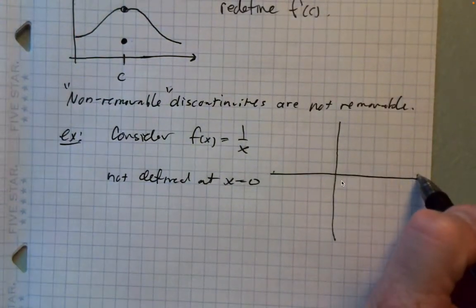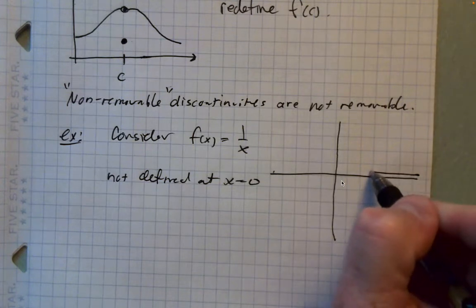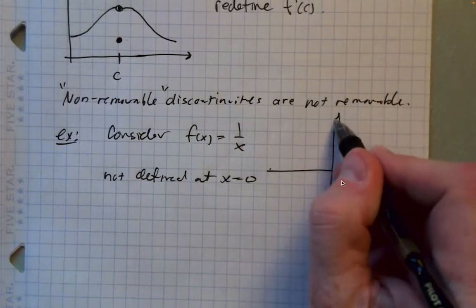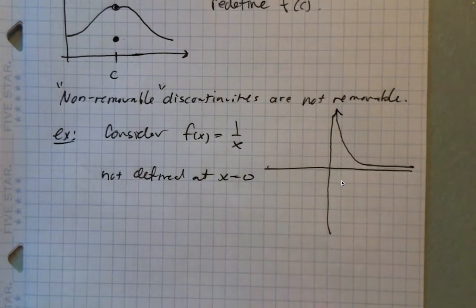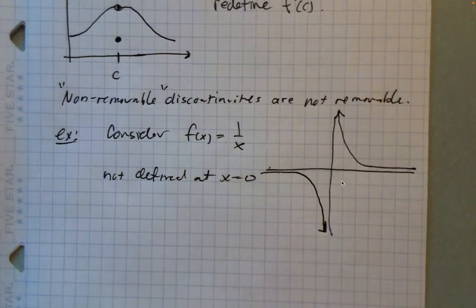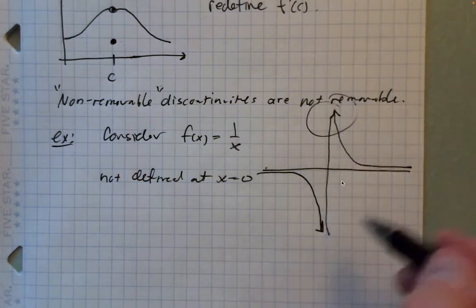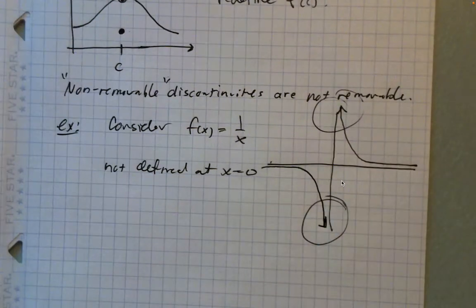So as you approach 0 from the right, the function goes like this, and then it shoots up to infinity. And as you approach 0 from the left, the function does something like this. Right, so there's no way to redefine f at just the value of x equals 0 such that you accommodate for the fact that these two head in opposite directions.